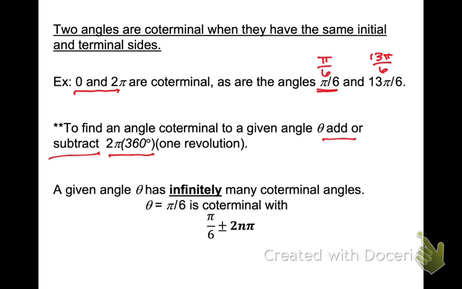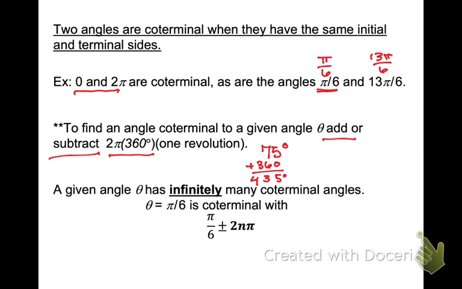So if I want a coterminal angle to 75, I can add 360. So I get 435. 435 is greater than 1 revolution, correct? Yes.